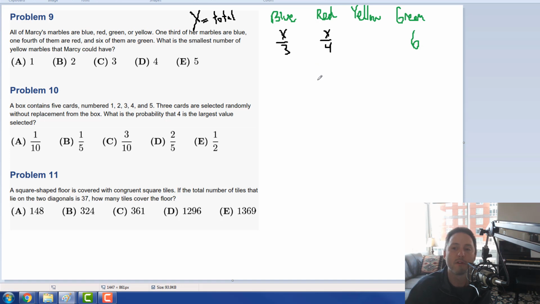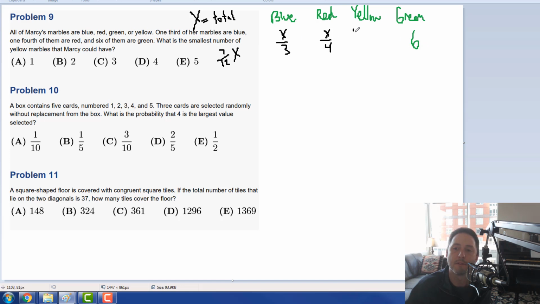What is the smallest number of marbles Marcy could have? Actually, we do know how many yellow marbles she has, right? Because these 4 categories must add up to X. So we have 1/3 X and 1/4 X, which is 4/12 and 3/12. That's 7/12 X, and 6.